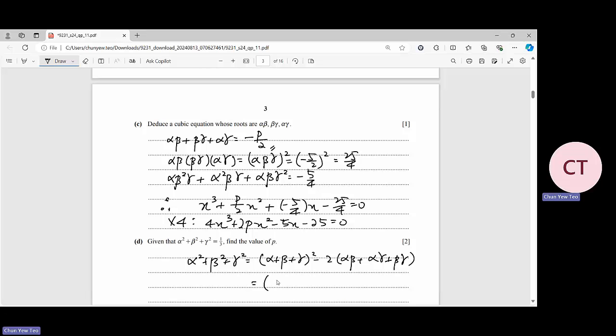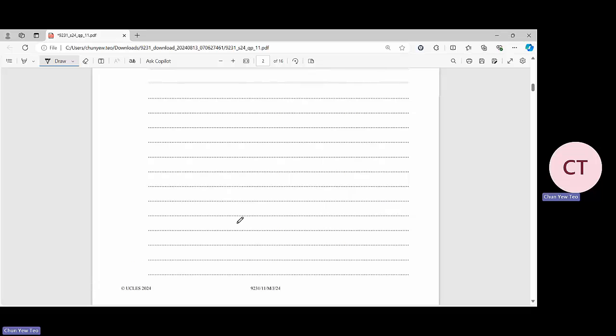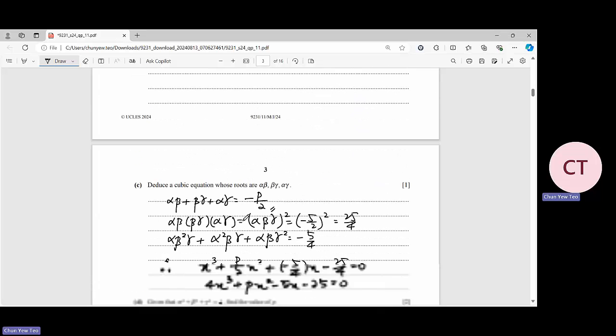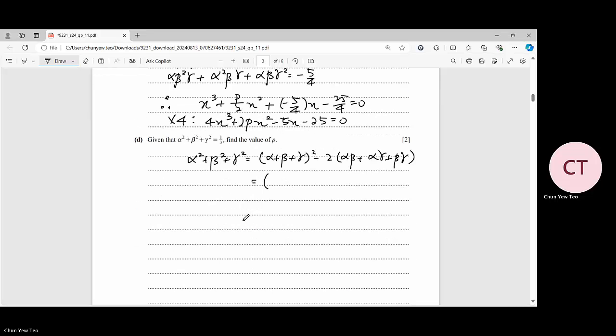The sum for this one is negative half. So this is negative half squared minus 2 of negative p over 2.